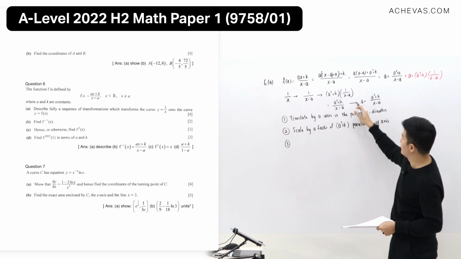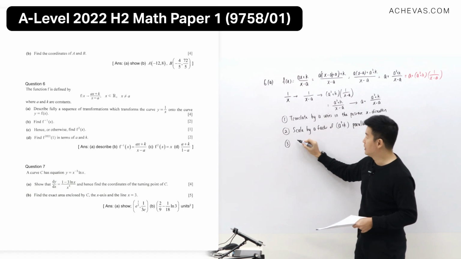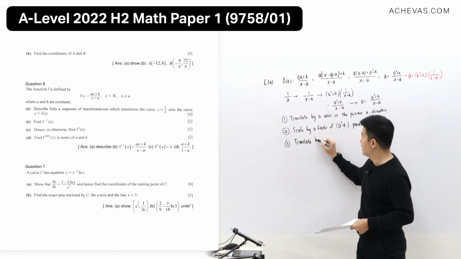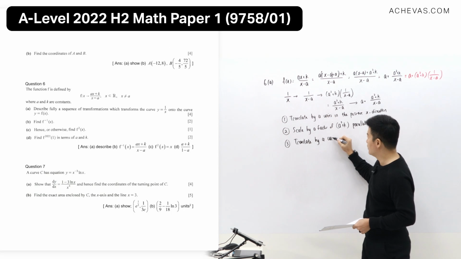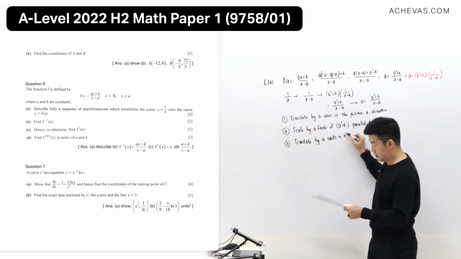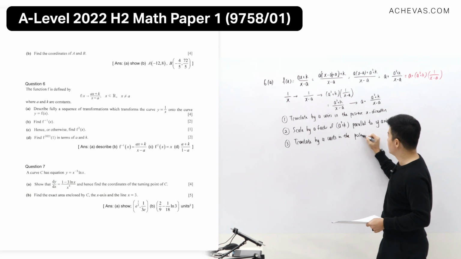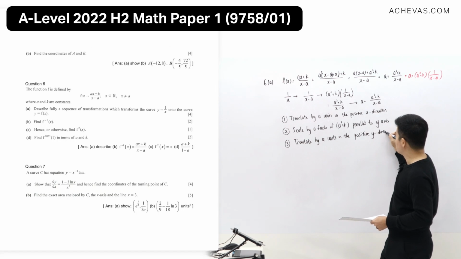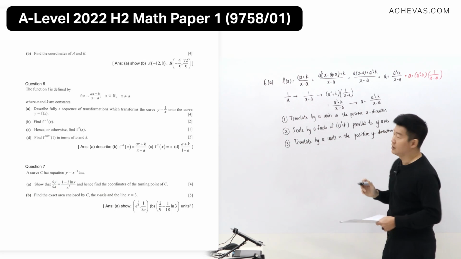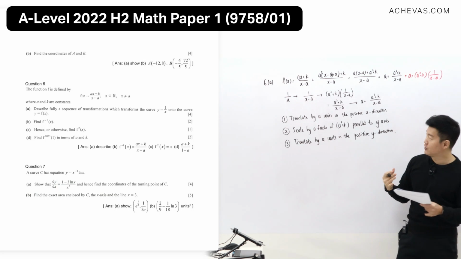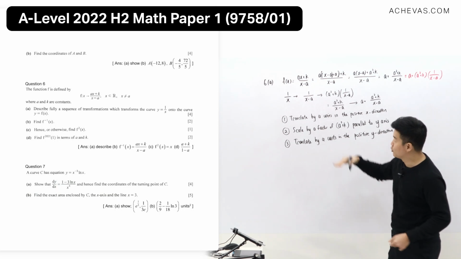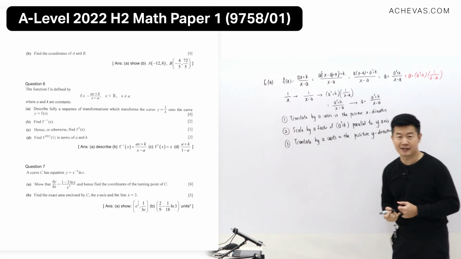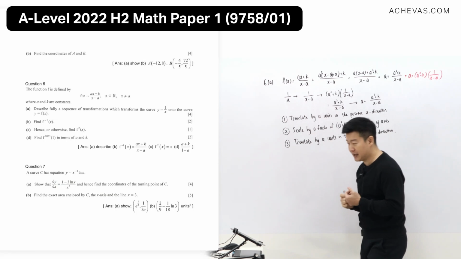And if you are adding it by a, then it is going to be a translation by a units in the positive y direction. Okay, this will be the sequence of transformation, which means that we are supposed to do this first, then this, then this. This is for part A.